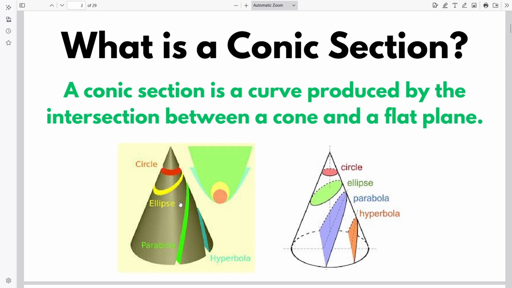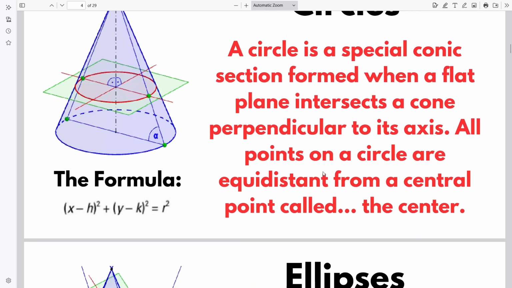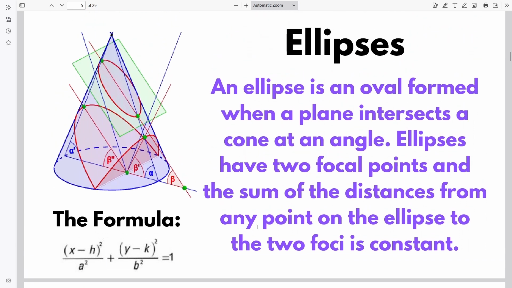Remember we were discussing circle, ellipse, parabola, hyperbola. Those are the 4 main ones. They are formed by the intersection of a flat plane and a cone. There's this thing called eccentricity in formulas, which is a useful tool to have in your toolkit.